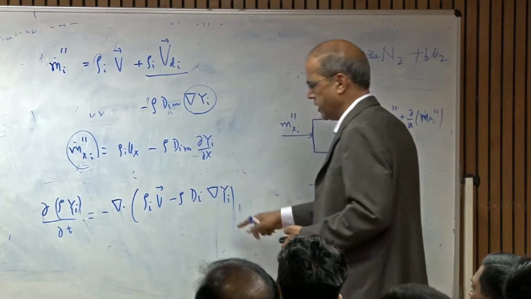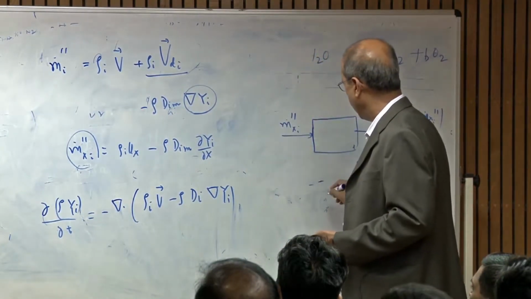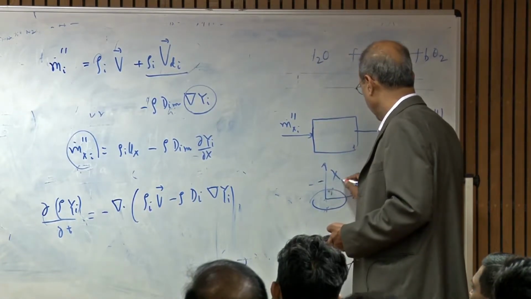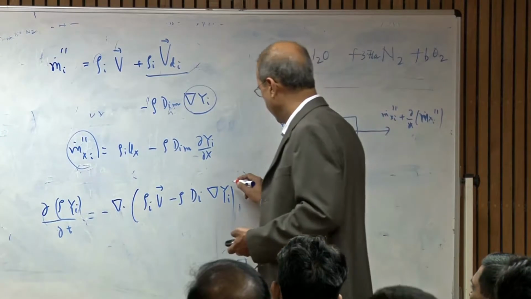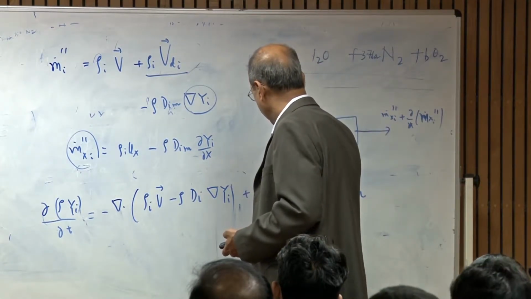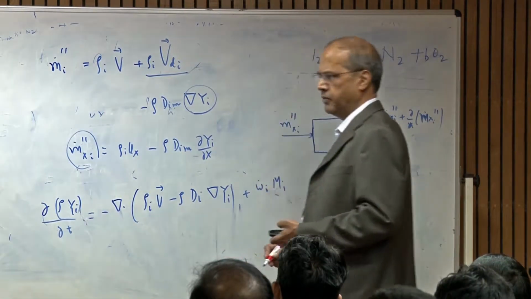And now we can write it for the x and the radial coordinate, and of course you have the source term, which does not depend on the coordinates.